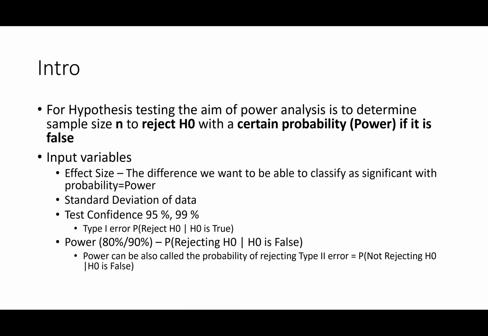So first of all, we need something called the effect size. And I will do a deeper dive on this as well. But essentially, it's the difference we want to be able to classify as significant with a probability called power.